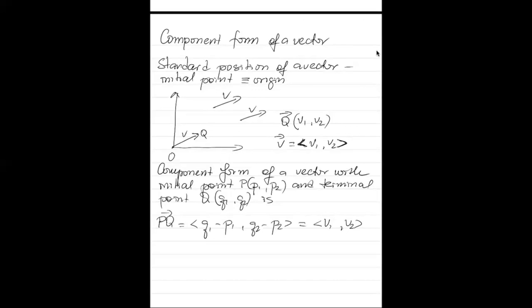So we subtract the coordinates of the points starting with the terminal point. So terminal point coordinate minus initial point coordinate.